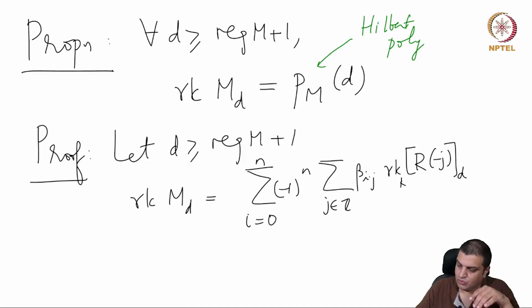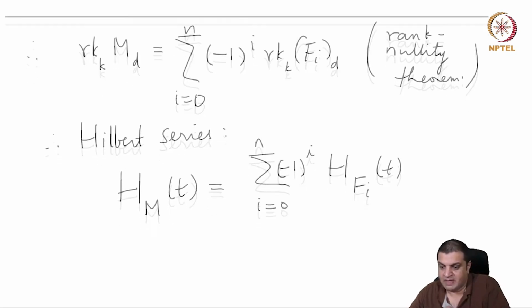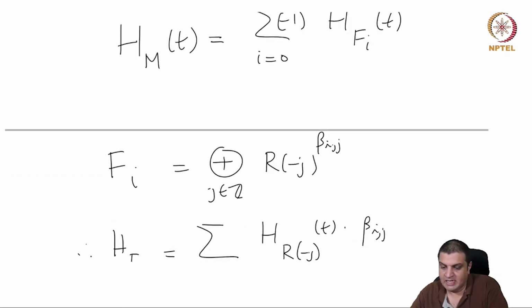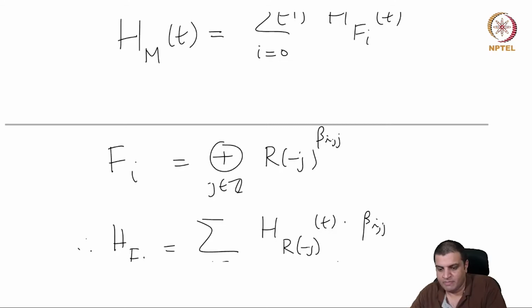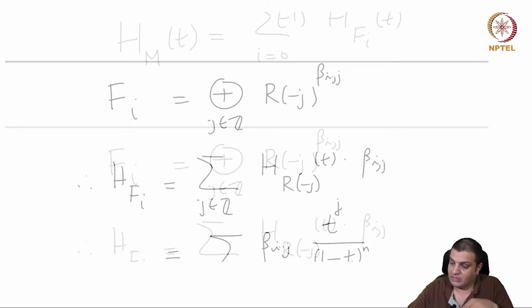Rank over k. Notice that we want (-1)^i times the rank of F_i in degree d, but F_i in degree d is this module in degree d, so the ranks just add up. This is just a direct sum, that's also a direct sum. So it's just beta_ij times the rank of this in degree d. That's all that we have written here.